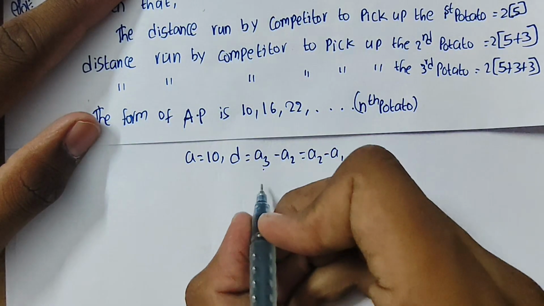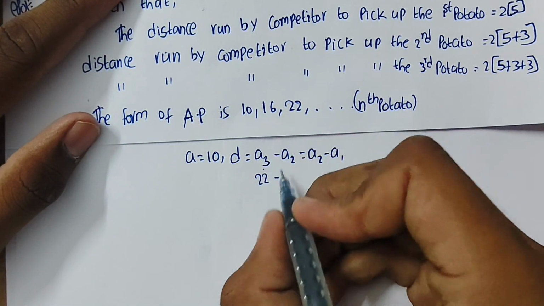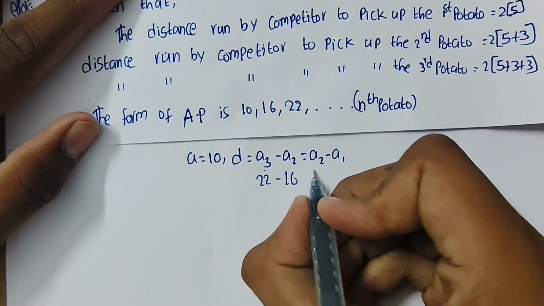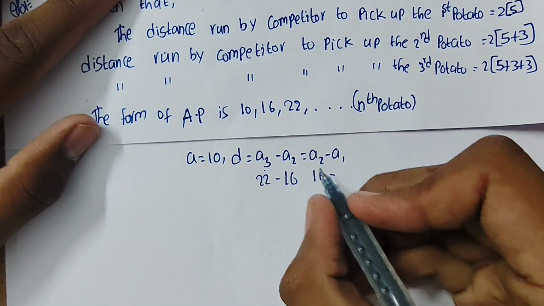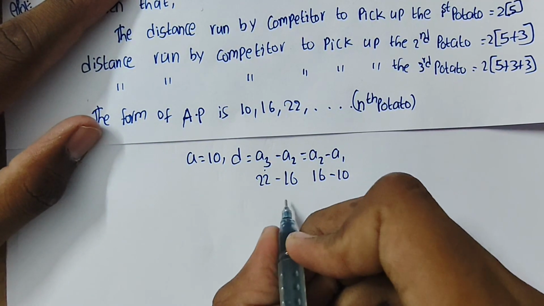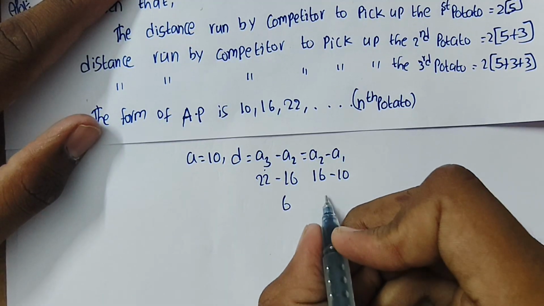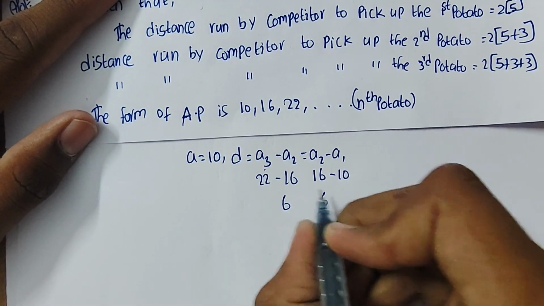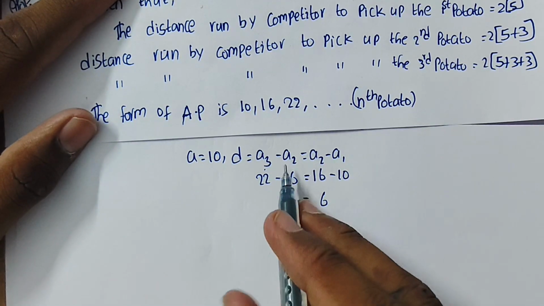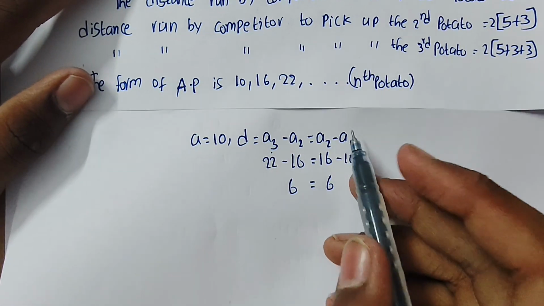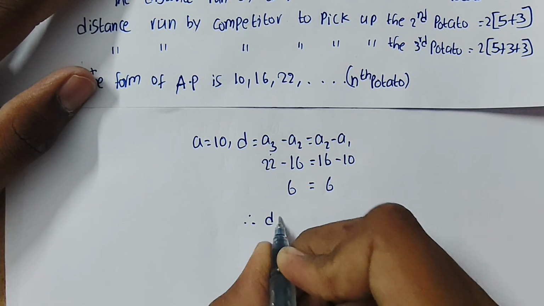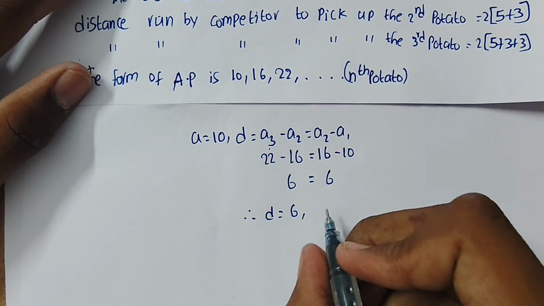The value of a3 is 22 minus the value of a2 is 16, and a2 is 16 minus a1 is 10. So 22 minus 16 gives 6, and 16 minus 10 gives 6. Both are equal. a3 minus a2 equals a2 minus a1. So therefore d equals 6.